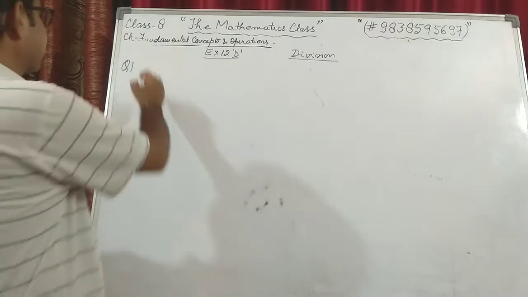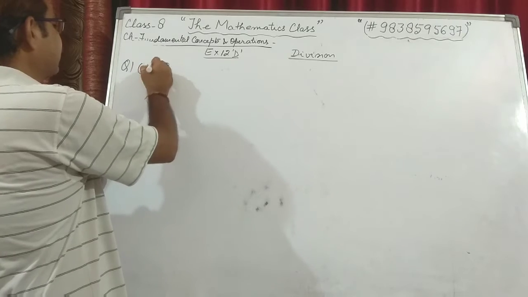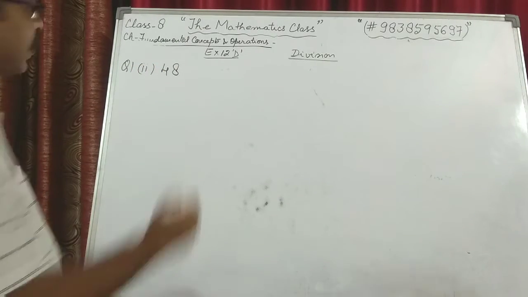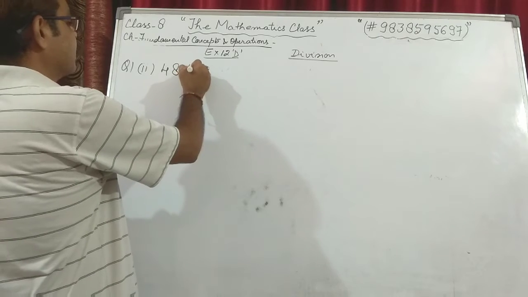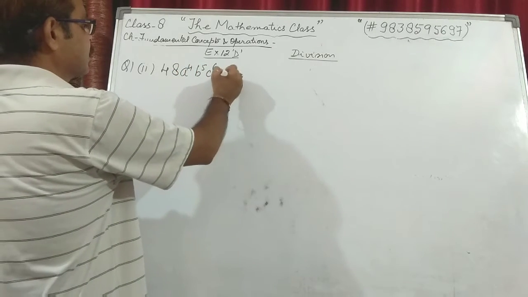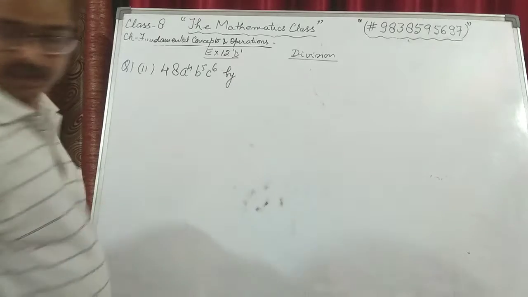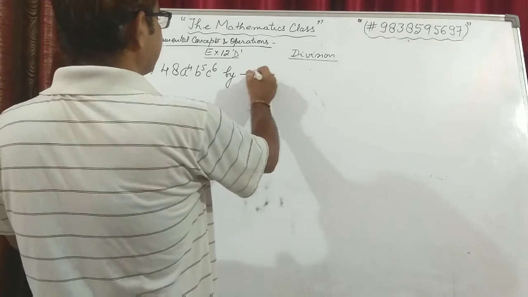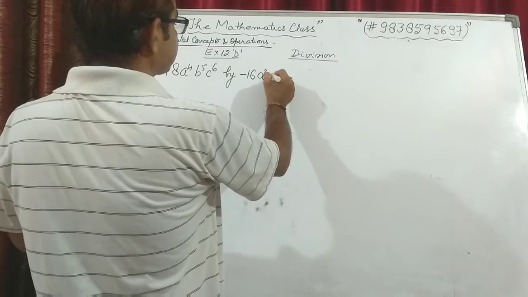I'll do the second part. It is given that divide 48 a to the power 4 b to the power 5 c to the power 6 by minus 16 a square and c square.